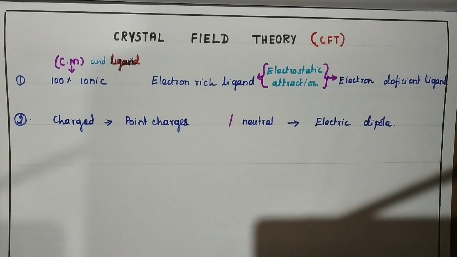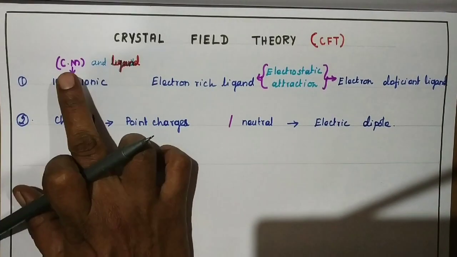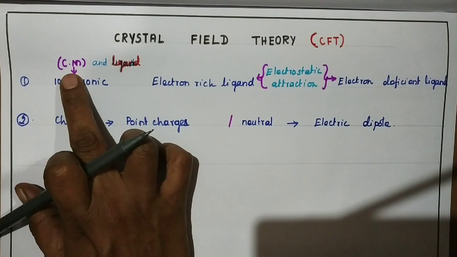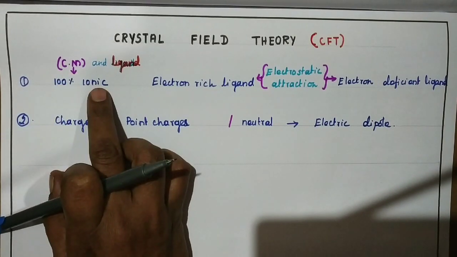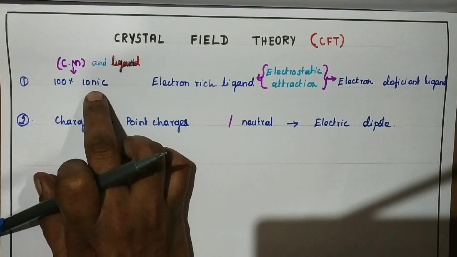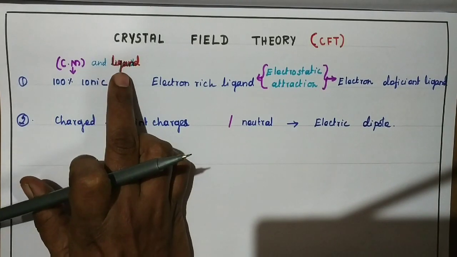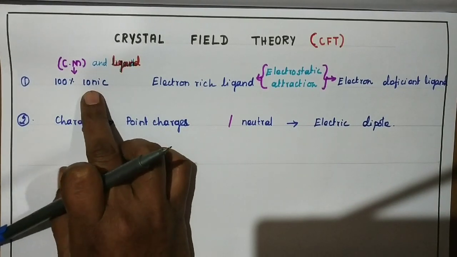First of all, the bond between the ligand and the central metal atom is purely ionic. Fully, this bond between the central metal atom and the ligand is purely ionic.